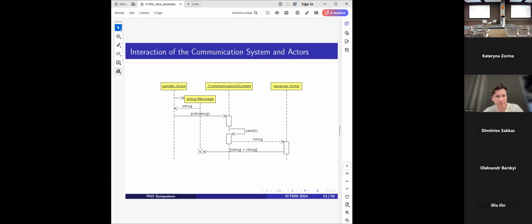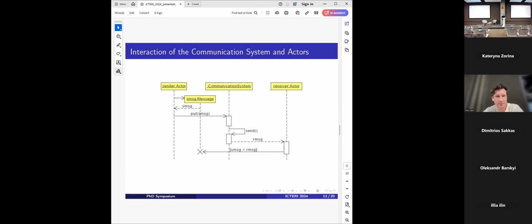The communication system operates in a continuous loop where it first receives a message from one of the actors. Then it processes messages and sends it to another actor within the system.